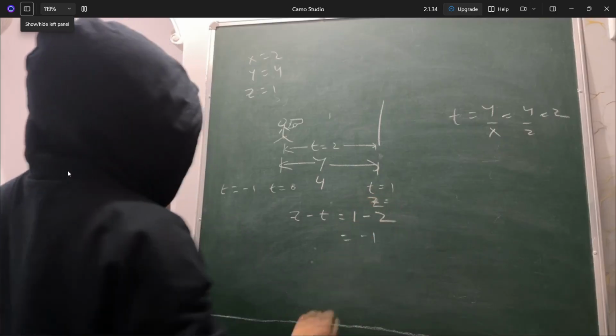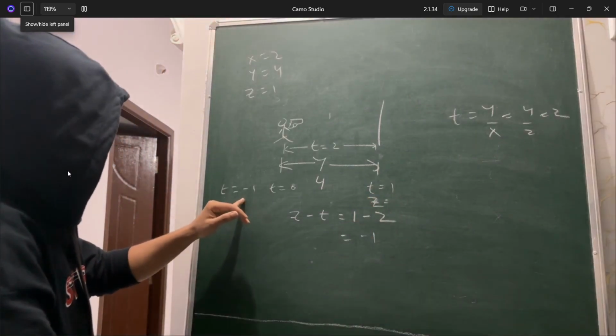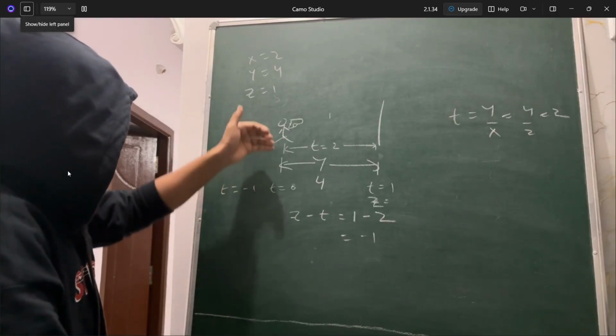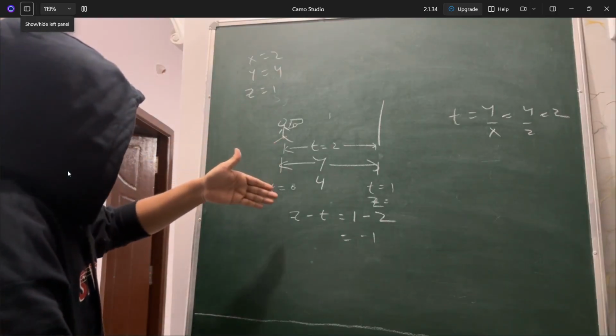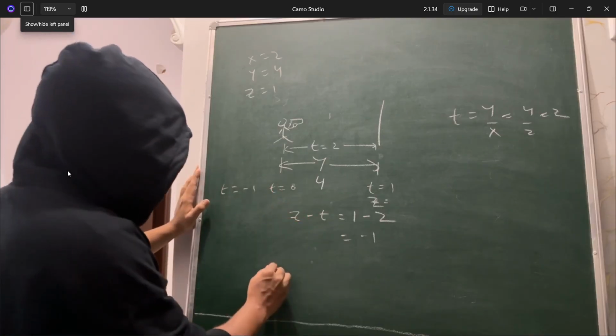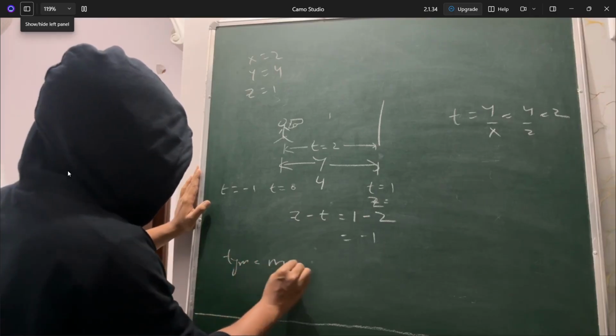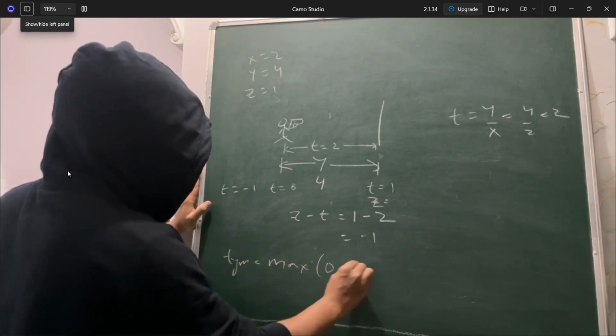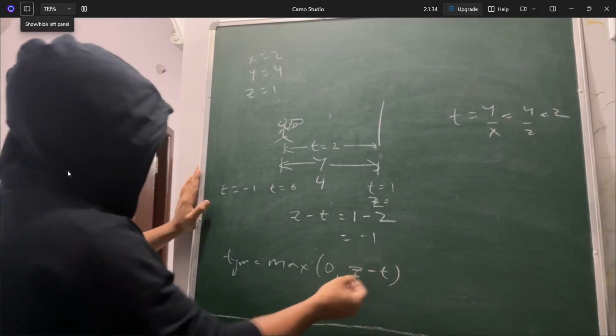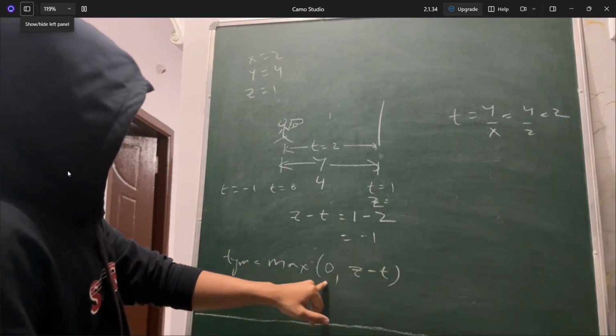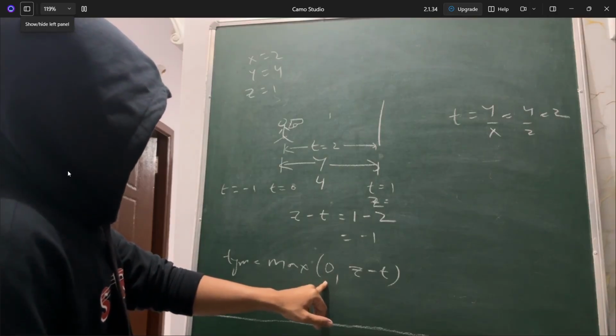But since negative time is not correct, we'll have to shoot from 0 only. So we will use the formula: actual time will be the maximum of 0 comma z minus t. Whenever we encounter a negative, in that case 0 has to override.